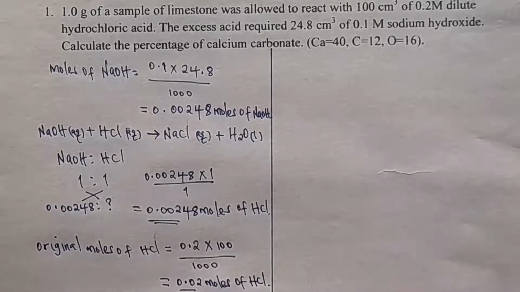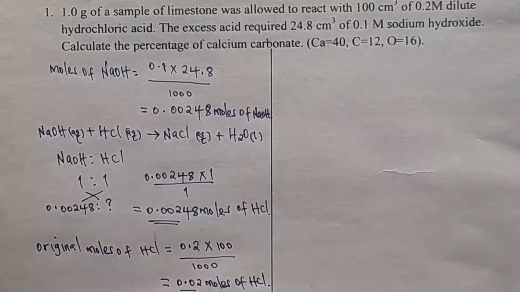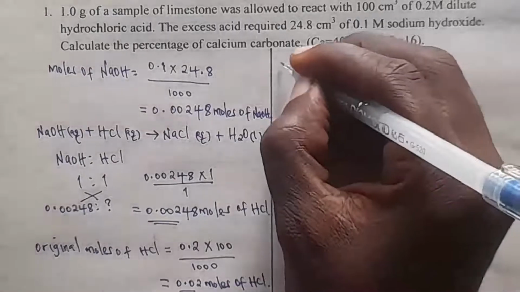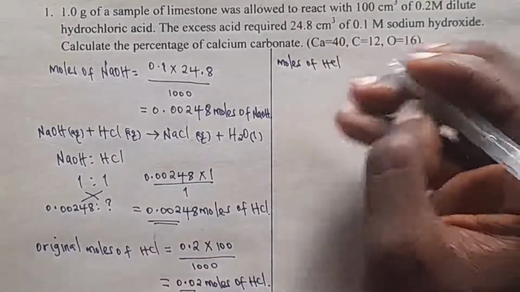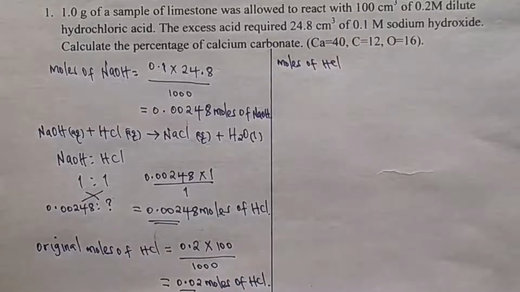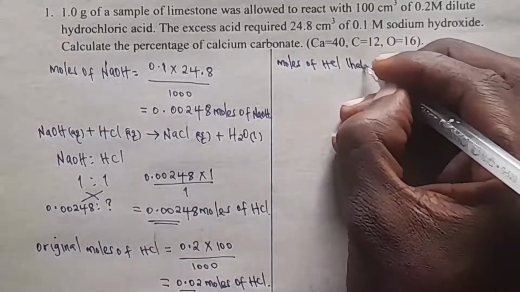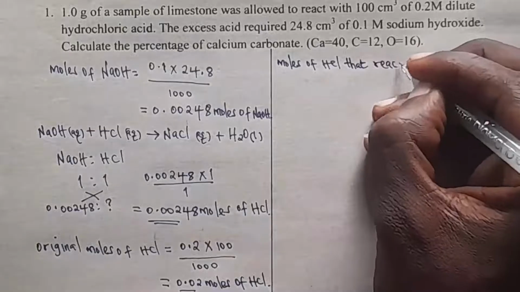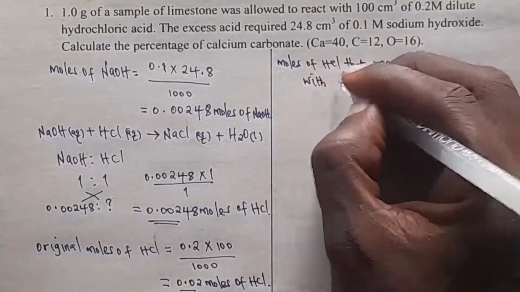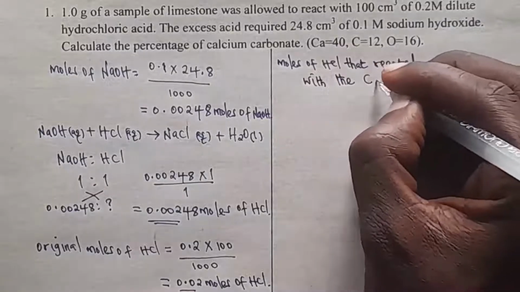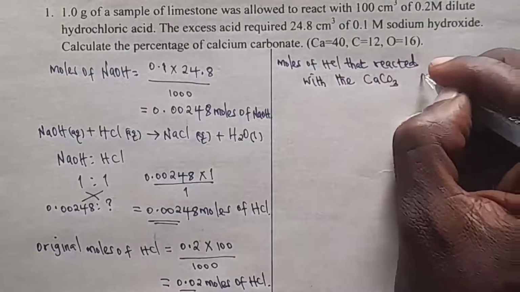So next we have to get the number of moles of hydrochloric acid that reacted with the carbonate, and the carbonate that we are talking about is calcium carbonate.